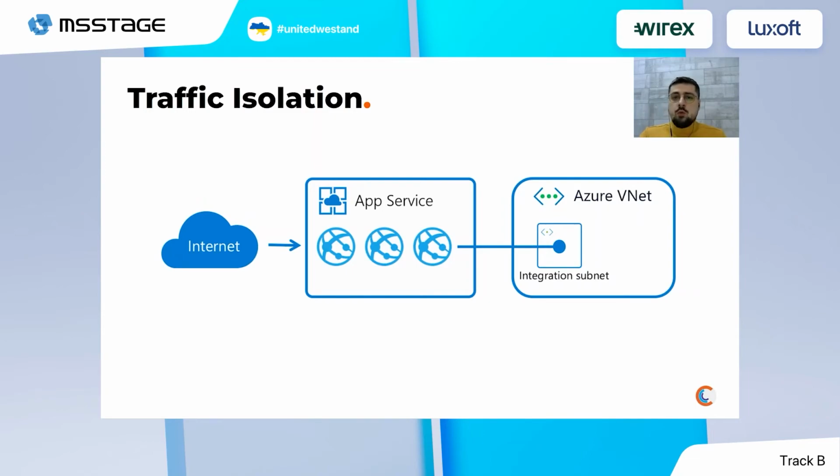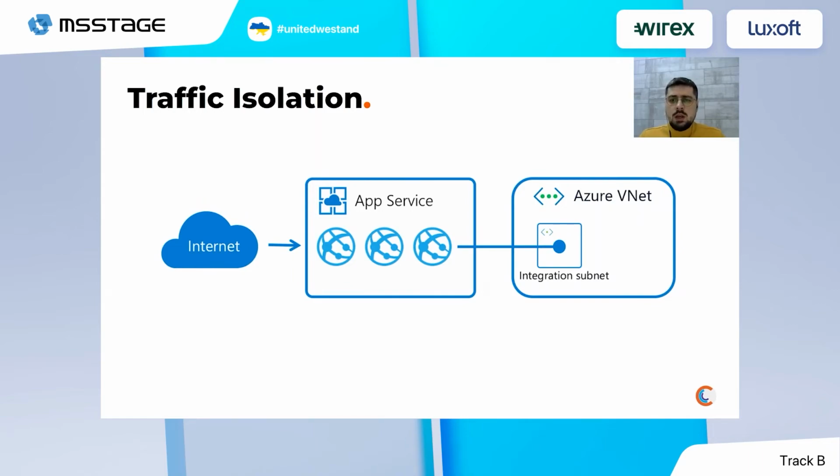So for inbound traffic, to be able to access your application privately, you'll need to use another feature that we'll describe in a minute. And now you can see the difference between Azure App Service and Azure App Service Environment.